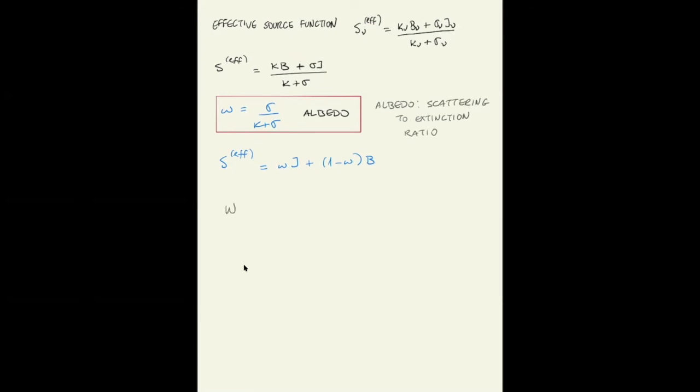The albedo varies from 0 to pure absorption, that means when you have no scattering whatsoever, to omega equal 1 when you have pure scattering, when the true absorption is equal to 0.